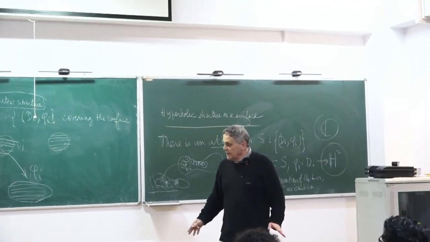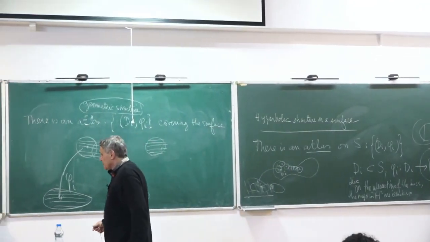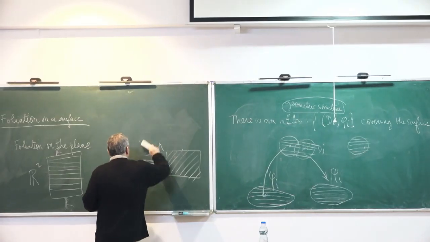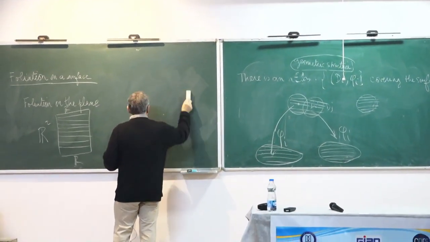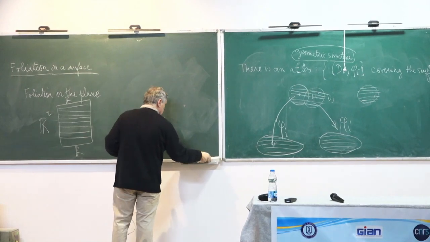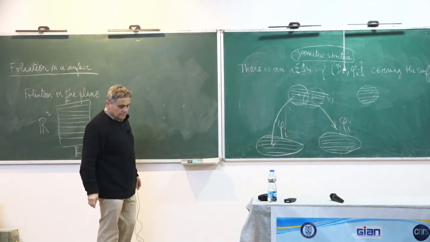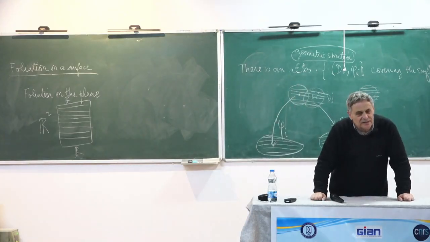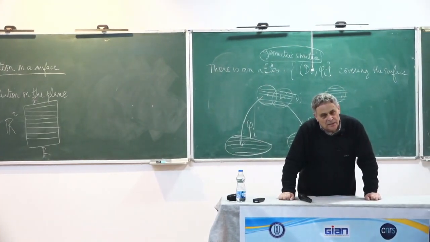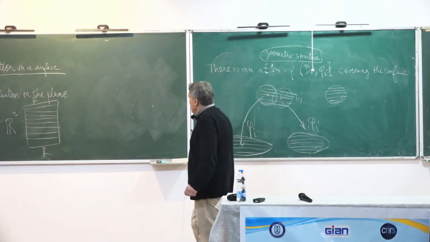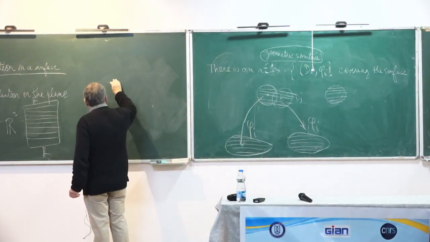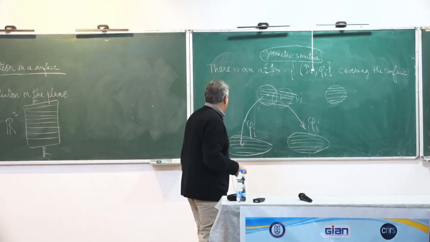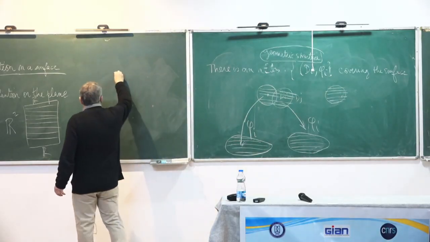Now, before the torus, let's talk a little bit about foliations. Before foliations of the torus, let's talk about foliations of the plane. The plane itself is a surface. So what kind of foliations can I draw in the plane?